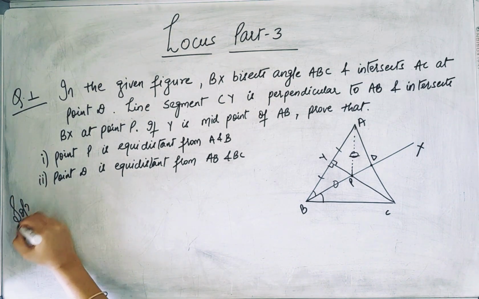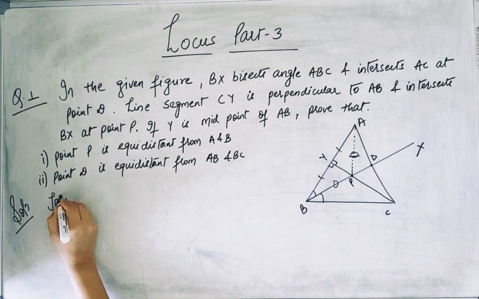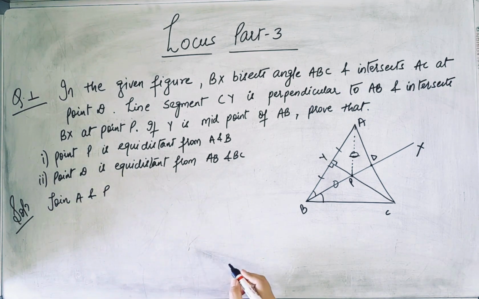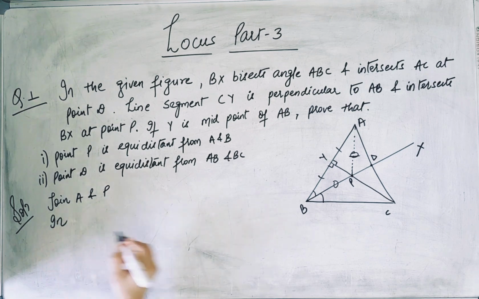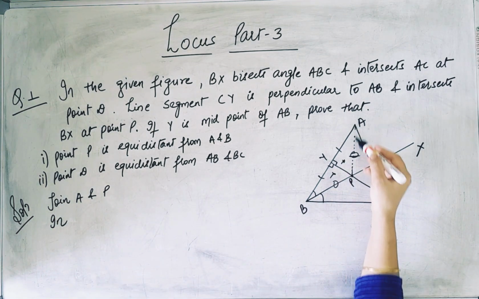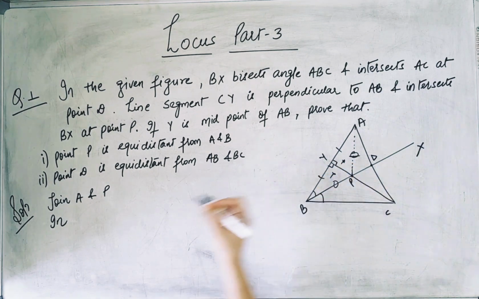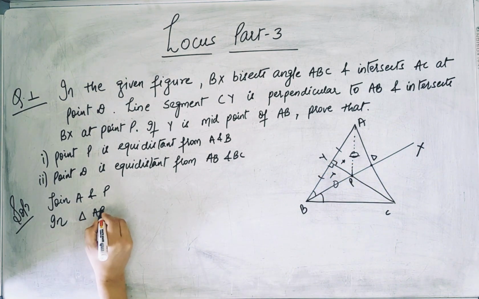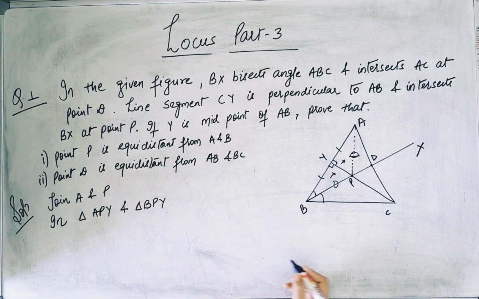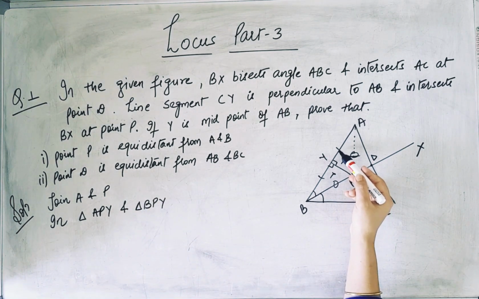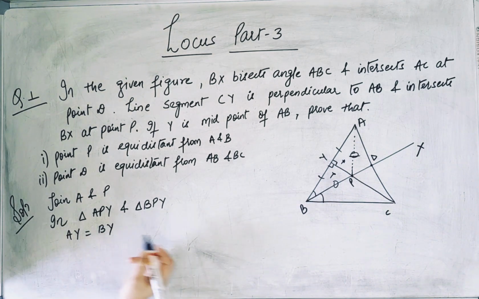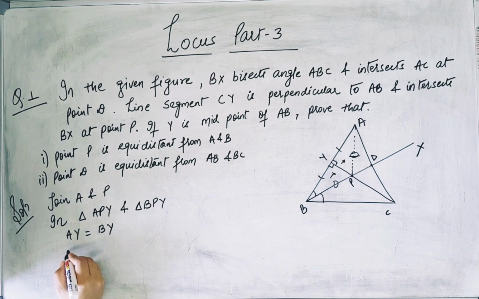Now when we do the solution, we'll write here, join A and P. Now we have got these two triangles, triangle APY and triangle BPY. We have three conditions over here. AY is equal to BY, that is given, that is Y is midpoint.